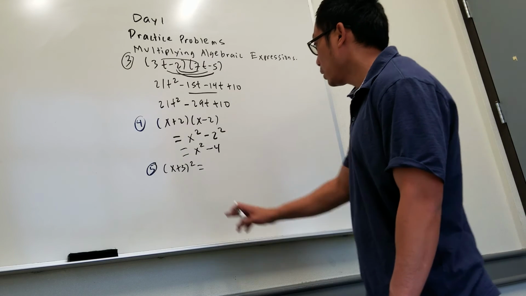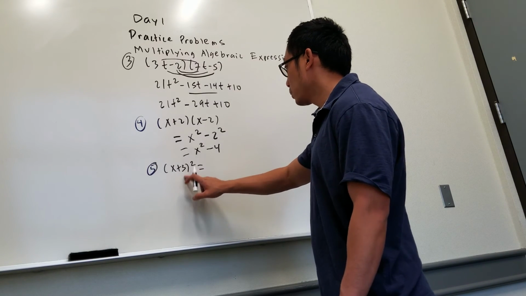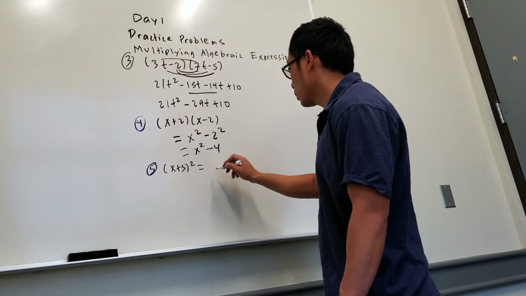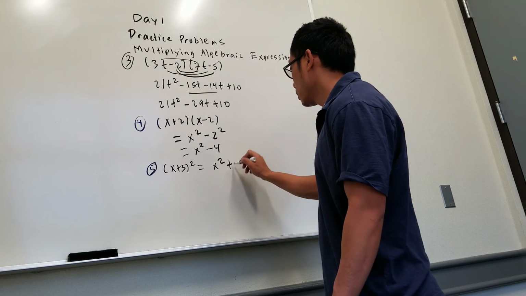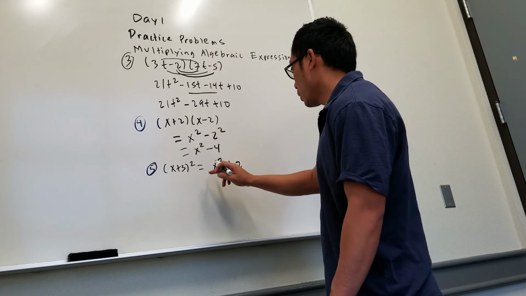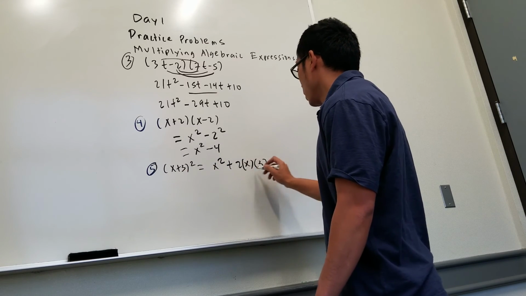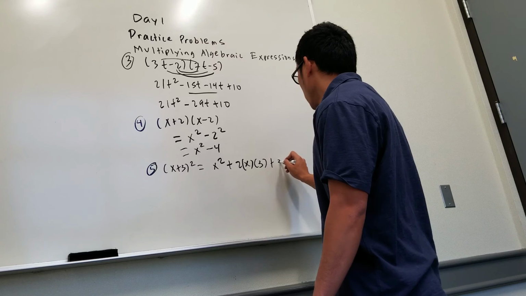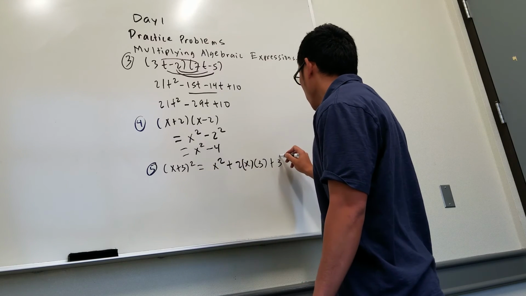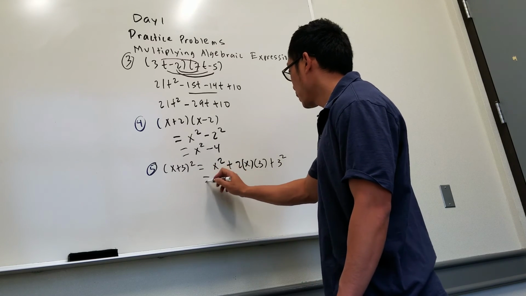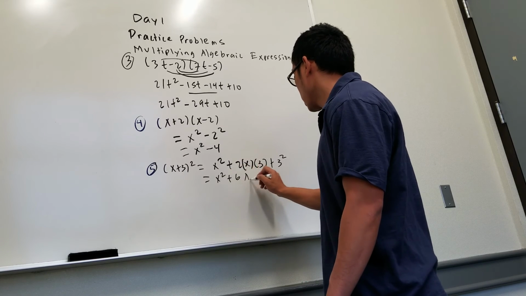So in this case, a is x, b is 3. So we have a squared, which is x squared, plus 2ab, so a is x, b is 3, and then plus b squared. What is b squared? b is 3, so 3 squared. So we simplify this, you get x squared plus 6x plus 9.